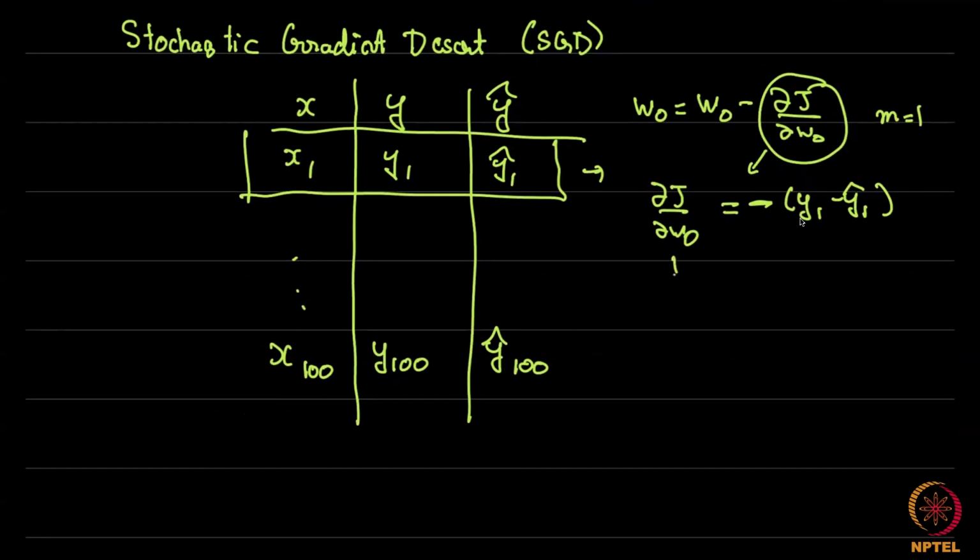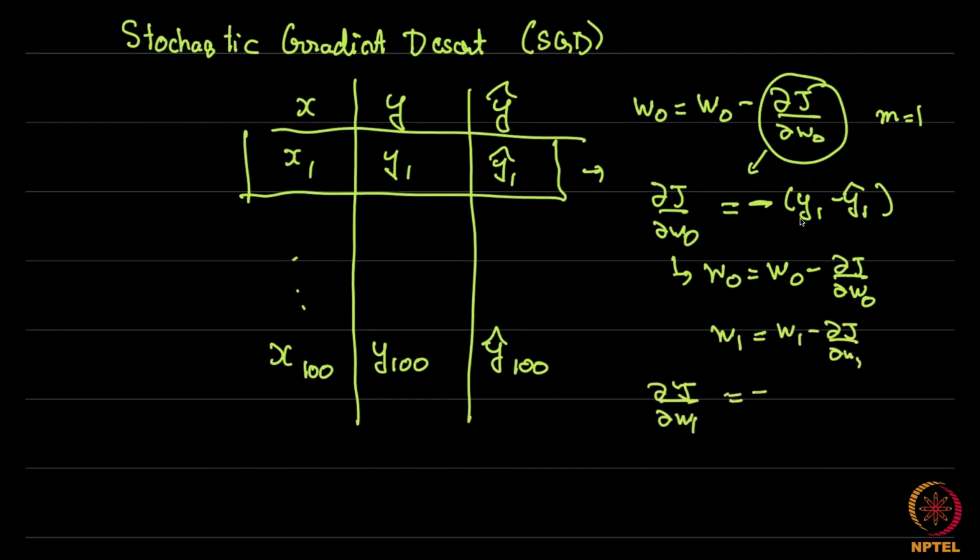Then I'll do w naught equal to w naught minus del J del w naught. Similarly, w1 will be w1 minus del J del w1, where del J del w1 is only calculated for the single data point, y1 minus y hat 1 into x1.